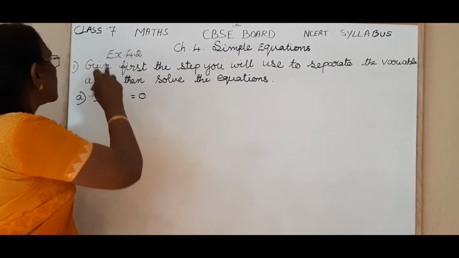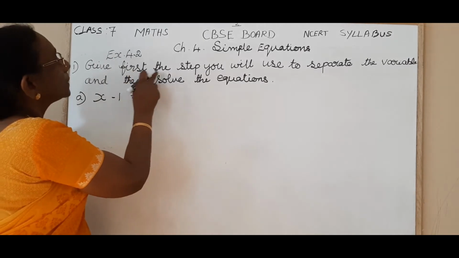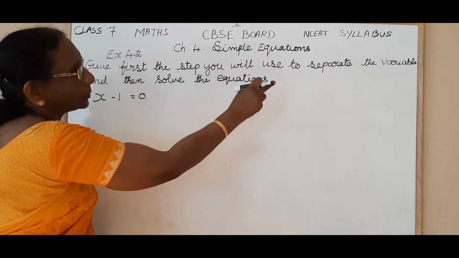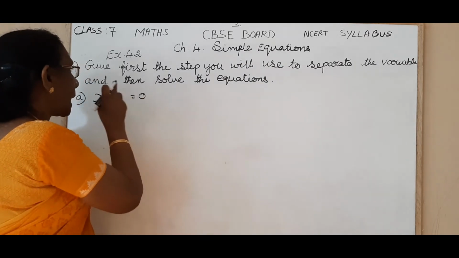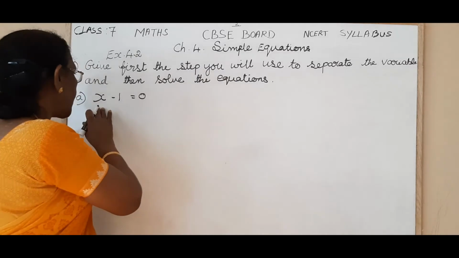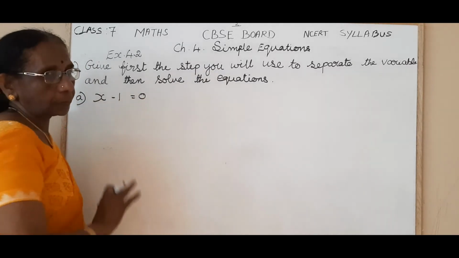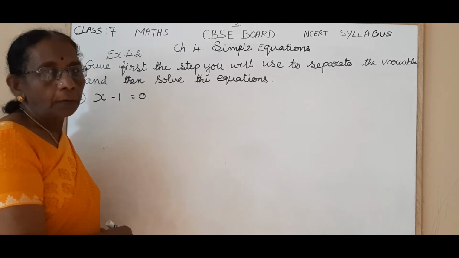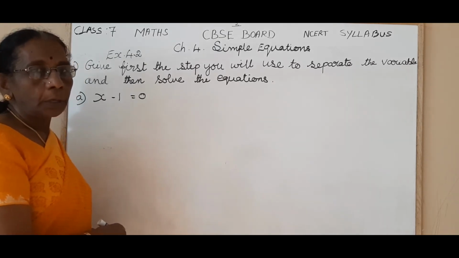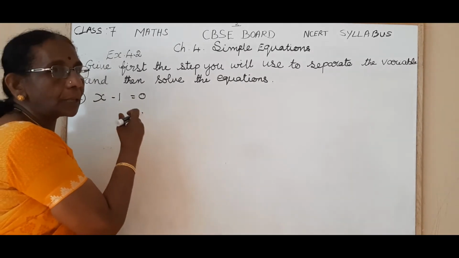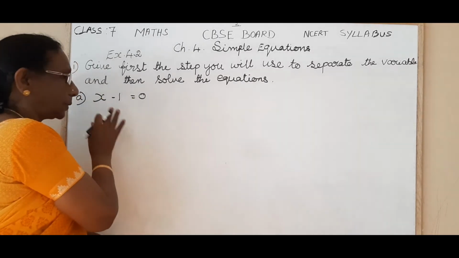Children, the question is, give first the step you will use to separate the variable and then solve the equations. So here x minus 1 is equal to 0 is given. Okay. Always you have to keep the variable in the left hand side and eliminate the constants in the left hand side.